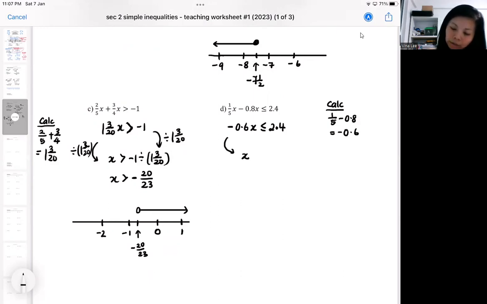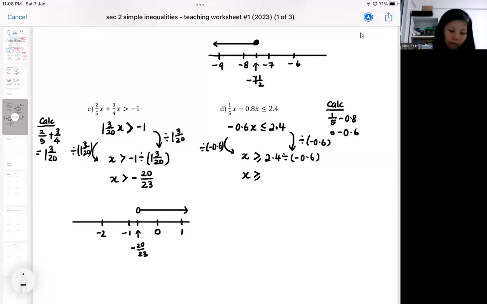And I've got to divide by negative 0.6, so you've got to reverse the sign. You need to bear in mind, you've got to reverse the sign. So you get this as the answer.